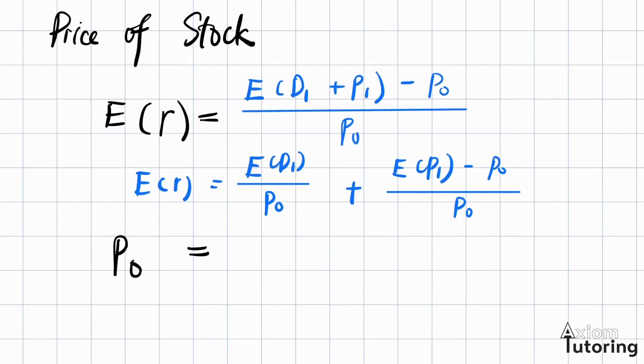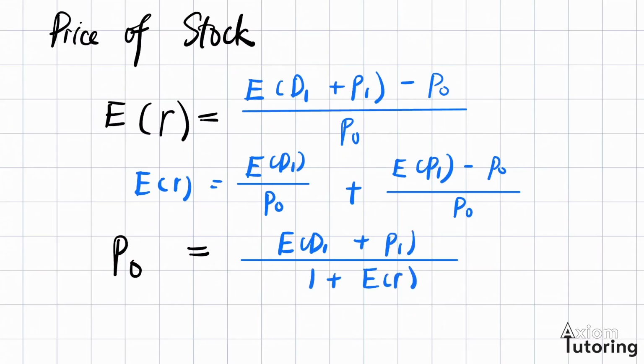So if we rearrange the stuff, so basically we put the P0 here, and then we have another P0 here, put it to the left hand side, and we divide by 1 plus R here, we can get to the conclusion of P0 is simply the expected dividend at the end of year 1 plus P1, or actually the expected price in 1 year's time, divided by 1 plus the expected return.